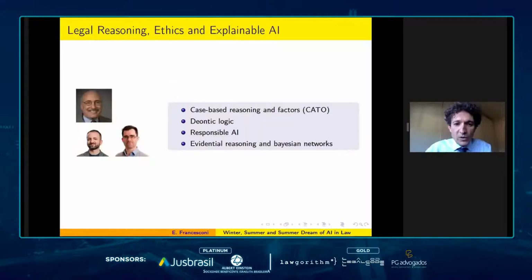More recently, the problem of legal reasoning in conjunction with ethics and explainable AI has been underlined. In the early stage, we had the famous CATO system, which aimed to address the problem of case-based reasoning and factors. And later on, other works related to deontic logic, responsible AI, and evidential reasoning have been developed.